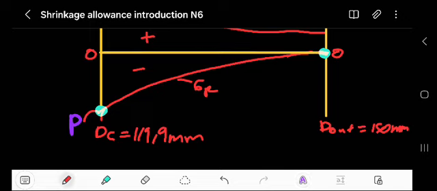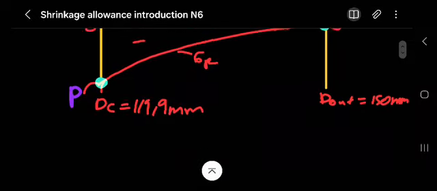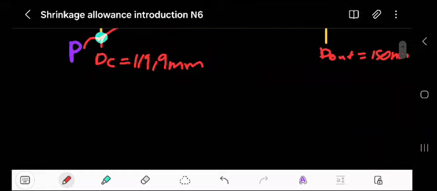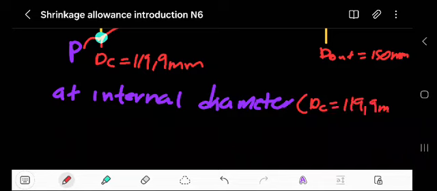I can say P, Y or X. All we know is that, due to the fit of the sleeve, we are working at the internal diameter. We're telling the examiner which diameter: the common diameter, which is 119.9 millimeter.